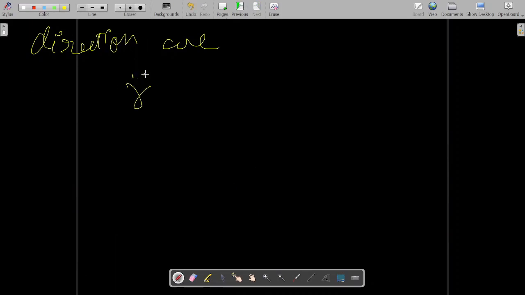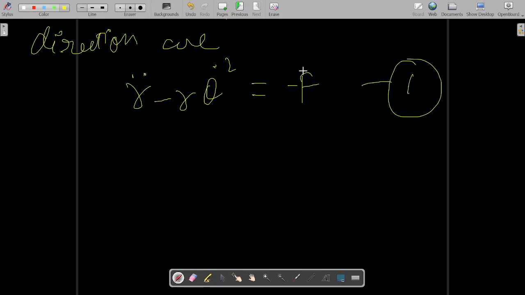You already know that the equations of motion in central force are like this. I have already written them, you must have noted them in your notebooks by now. This is your equation number 1 and this is your equation number 2.